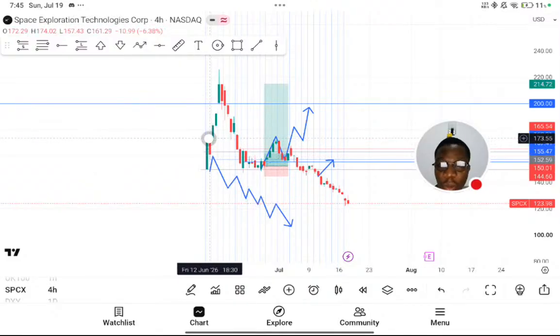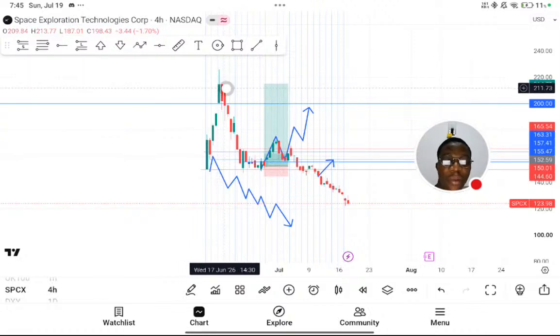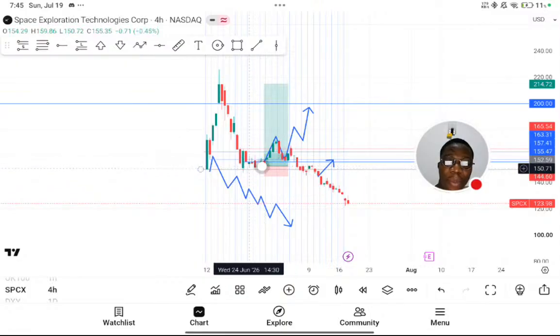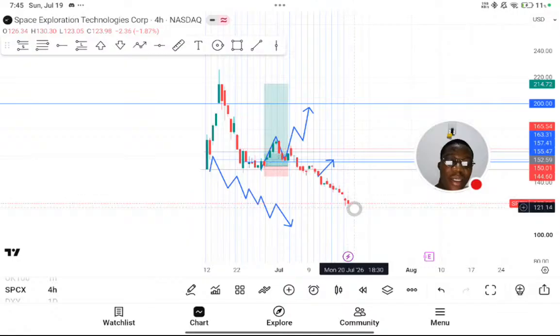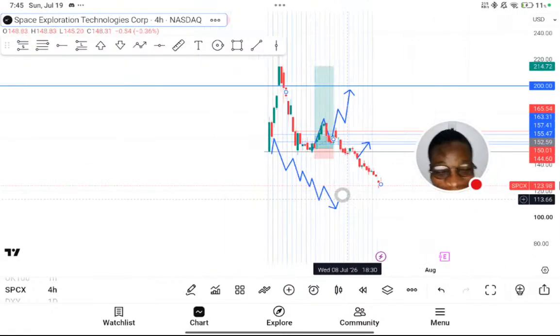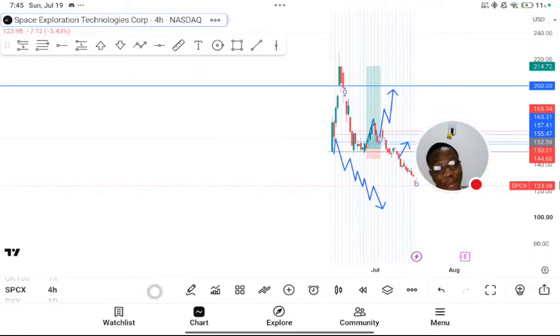So on this day, I think he was reading trillions of dollars in net worth. But then he came back, he was still around $900 billion. Came up, but now he's at $700 million net worth. So my people, that's how I see the market. That's how I read it.